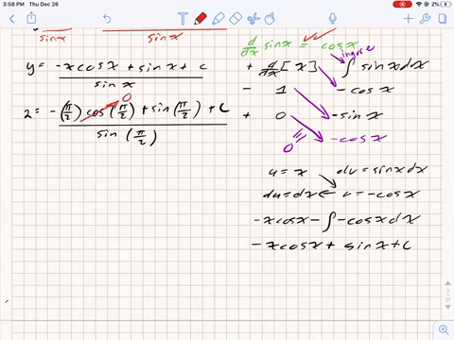Cosine of pi over 2 is 0. This is 1. And this is 1. So what are we left with? 2 is equal to 1 plus c. So therefore c must be equal to 1.